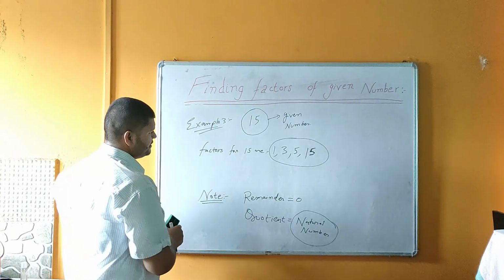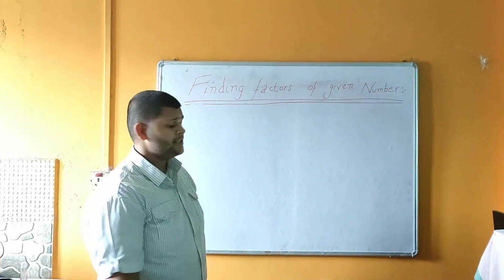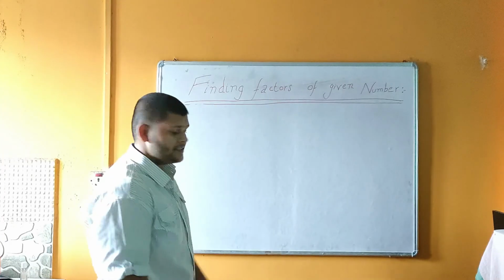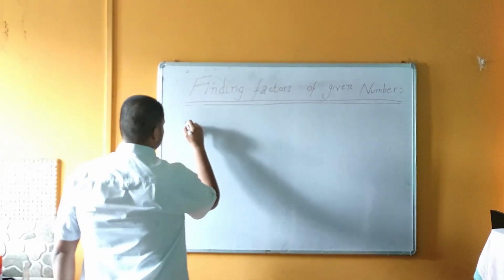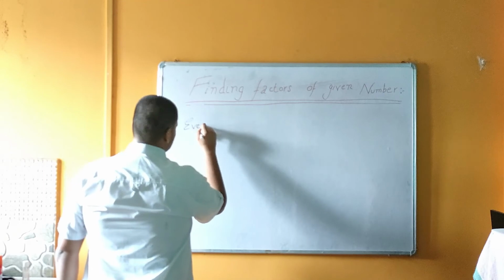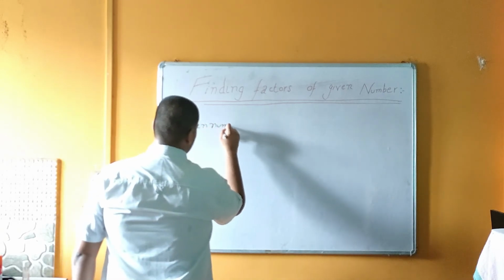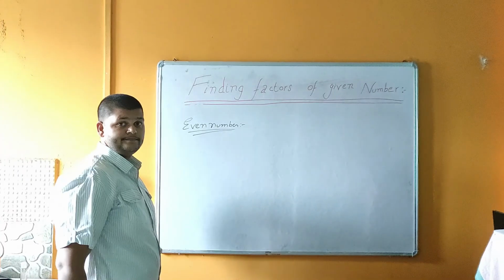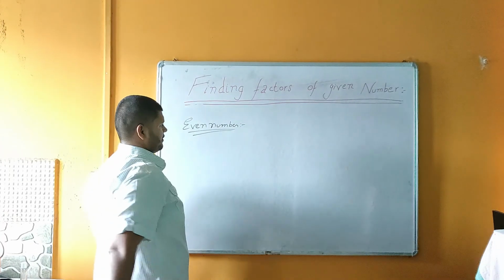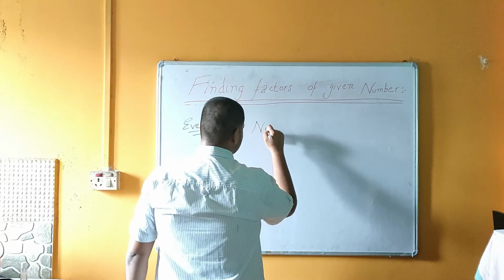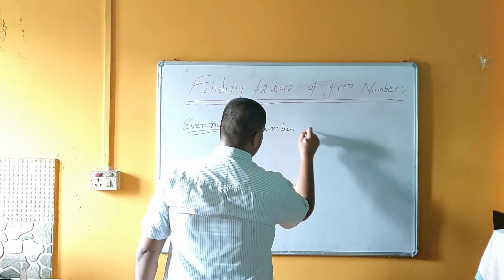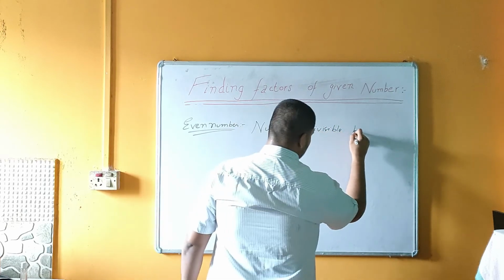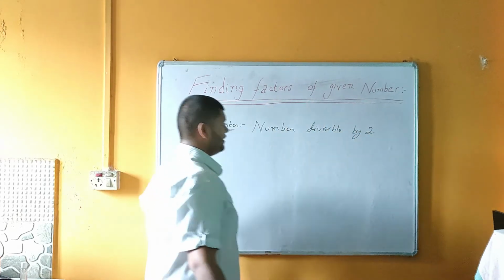I am erasing this. Now we are going to see a few basic terminologies related to factors. Let us see. That is even number. What is an even number? A number divisible by 2.